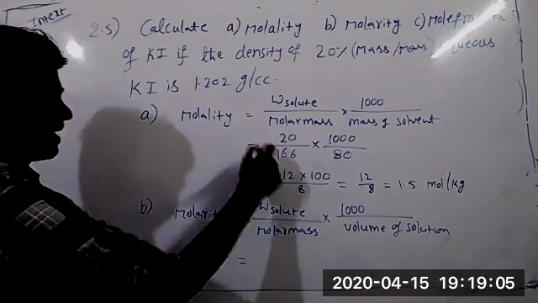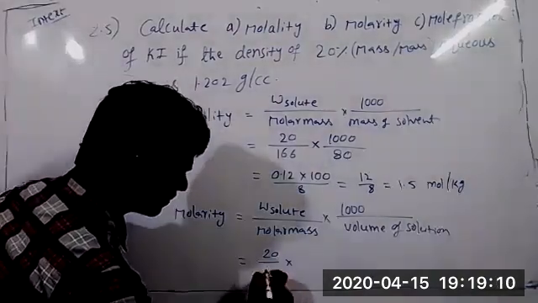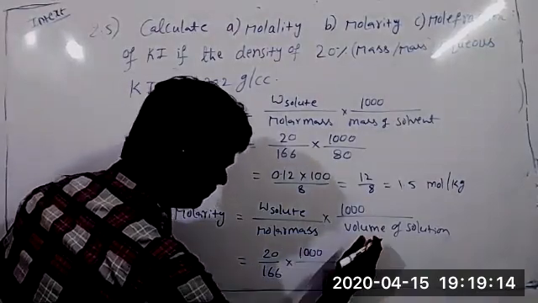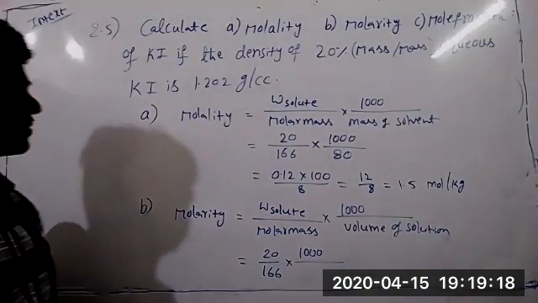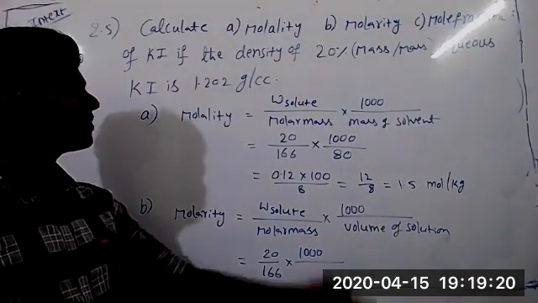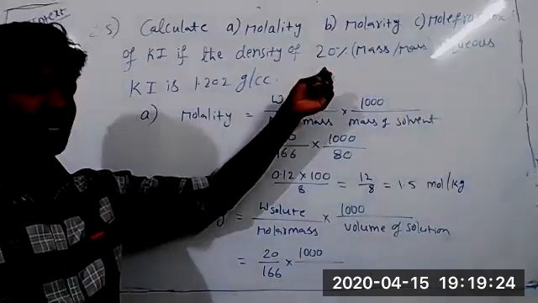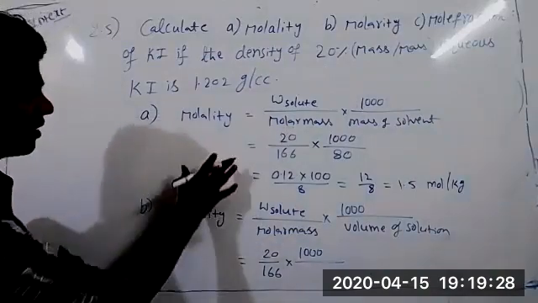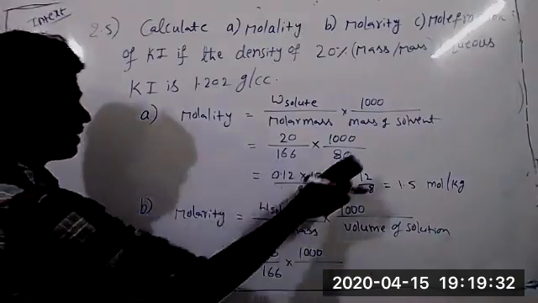Weight of solute is 20 divided by 166, into 1000. We have to calculate the volume of solution. Mass of solution is 100 grams because it is a 20% solution and density is also given.